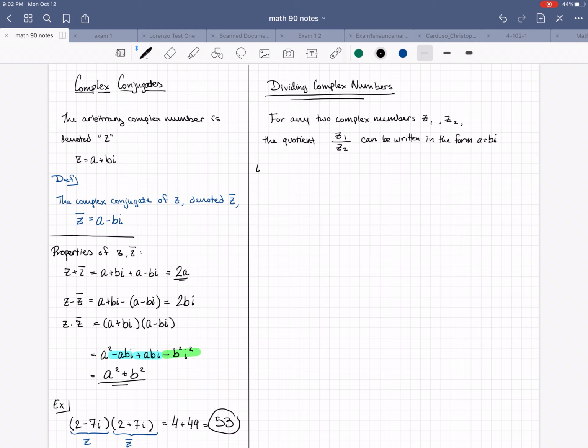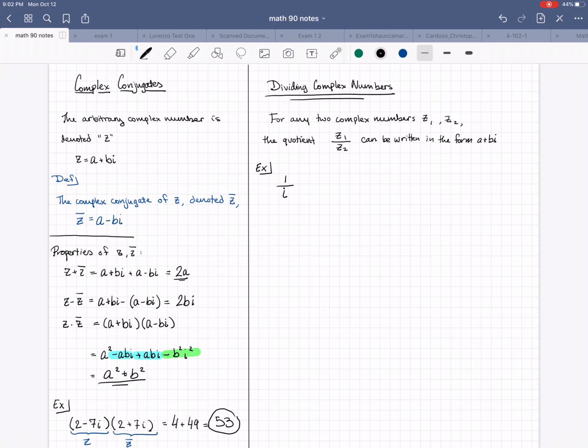So we're going to do a few examples, and we're going to start with 1 over i. This is a nice, clean example. And what I'm going to point out here is, yes, I have an i in the denominator, but as you all remember from our previous lesson on multiplying complex numbers, i squared is -1.